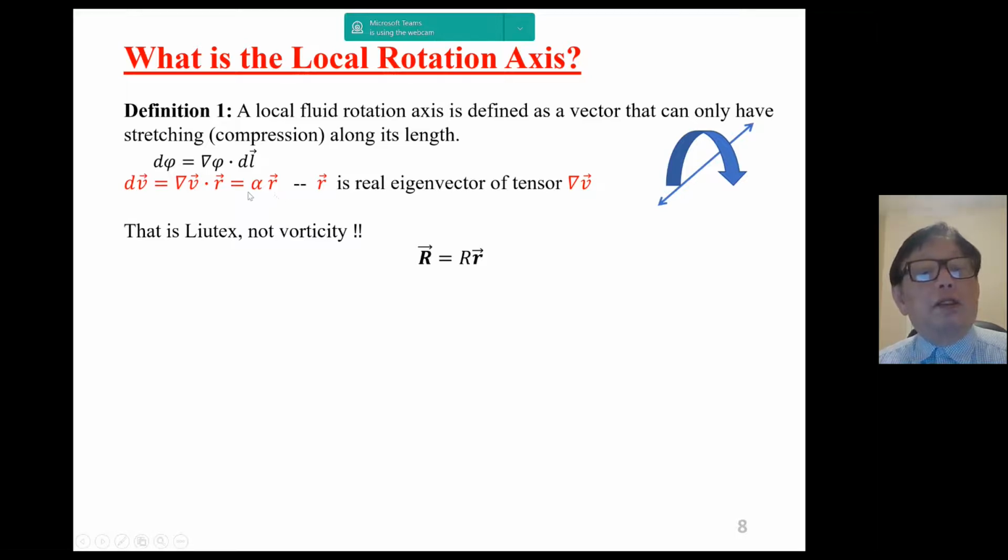So this means dv can only be along r. r is the real eigenvector. Therefore, the real eigenvector is the rotation axis. Well, this is nothing else but Liutex. The Liutex definition is this real eigenvector of the velocity gradient matrix.